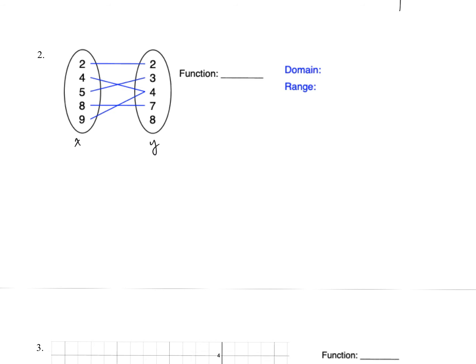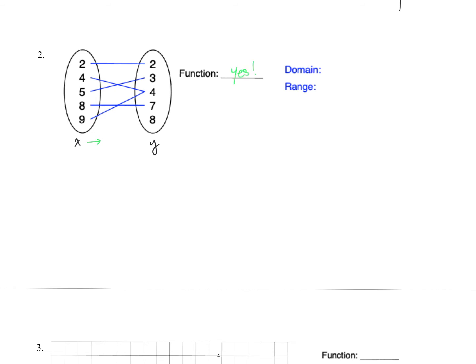And we're going to see, does each x value only go to one y value? Yes, it looks like each one only goes to one y value. Now you might say, well, what about that 4 there on the y? It has 2 x values. We don't actually care about that. We only care if the x has more than one y. Okay? So, since each x has only one y, this is going to be a function.